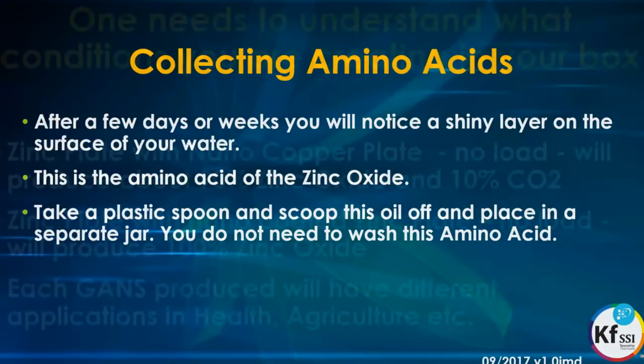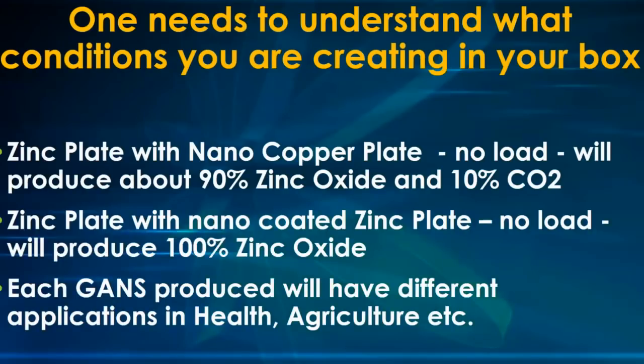One needs to understand what conditions you're creating in your box. If we have the zinc plate with a nanocopper plate and no load, no LED, then we're going to be producing about 90% zinc and 10% CO2. If we take a zinc plate with a nano-coated zinc plate and no load, we will be producing around 100% zinc oxide GANs.